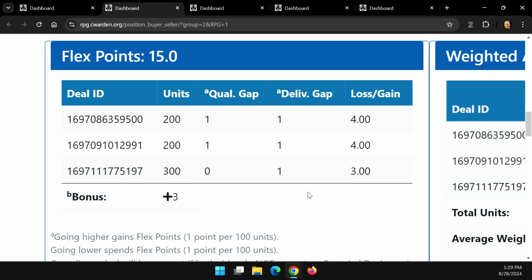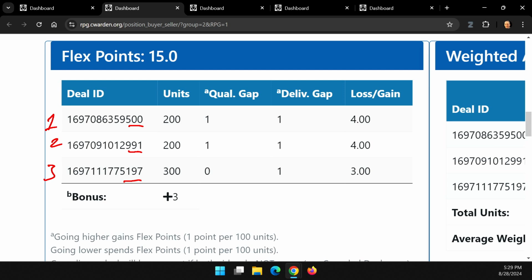So this group made 3 deals. 1, 2, 3. And they are different deal numbers. Of course, they have to be different deal numbers. And they made the deals with different groups.